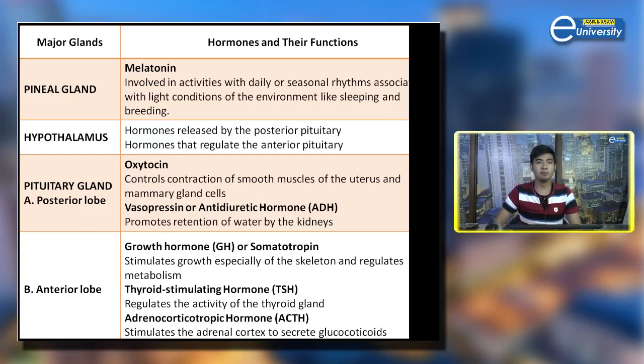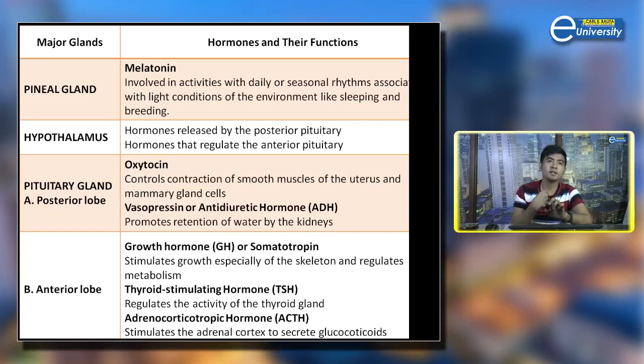Next is the hypothalamus. The hypothalamus secretes hormones released by the posterior pituitary and the anterior pituitary. The posterior lobe of the pituitary gland releases what we call oxytocin.